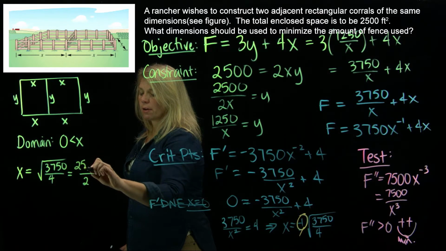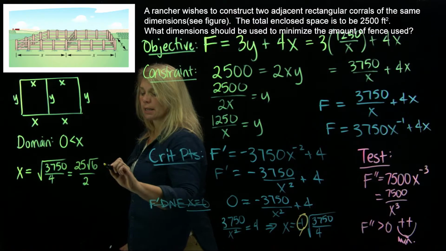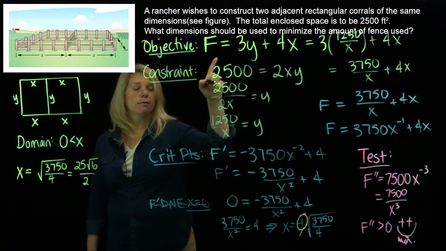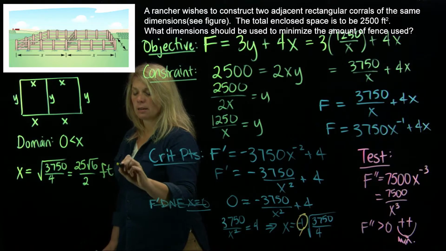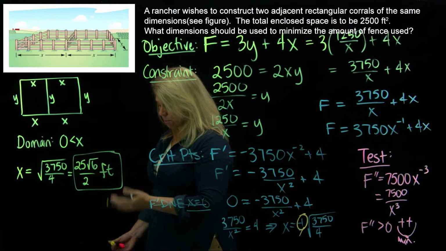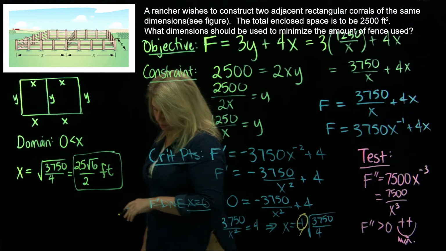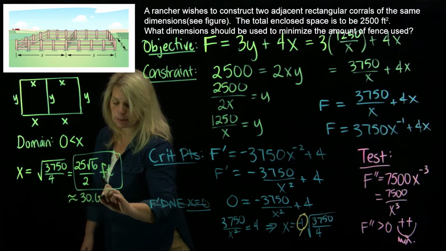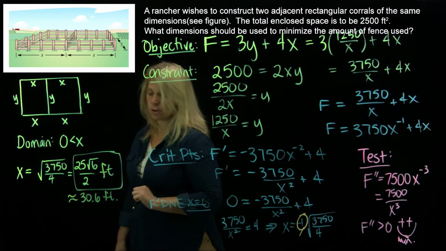So you can simplify that to be 25 square root of 6. That's exact simplified form. Our units of distance here are in feet. That's an exact answer. If you want a decimal approximation, you plug that into your calculator and you get a decimal approximation. I think you should get about 30.6 feet for the x dimension.